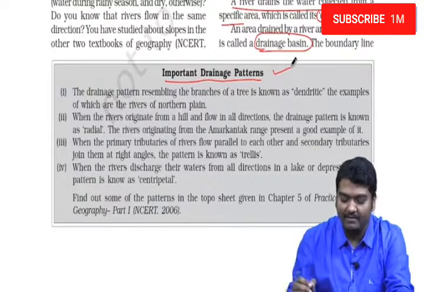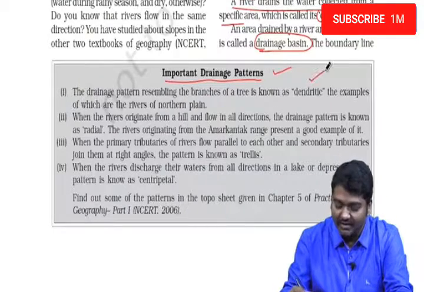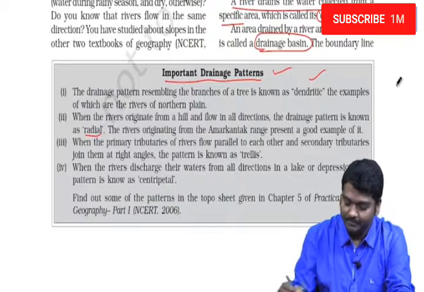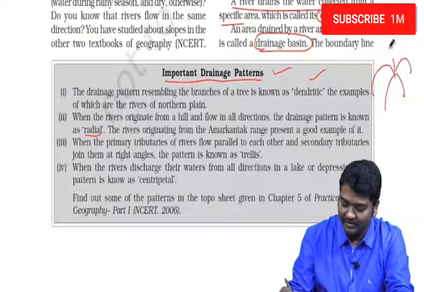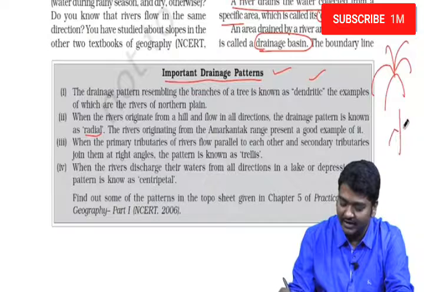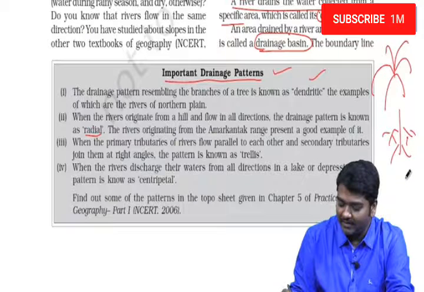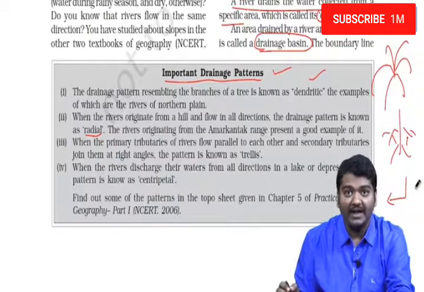Important drainage patterns, we have already seen. Dendritic, like leaves, trees; it looks like this, I hope you remember. And then you have trellis pattern which usually comes and joins at right angles.